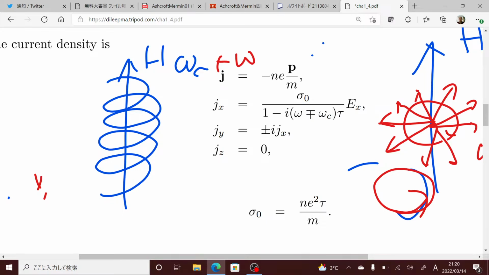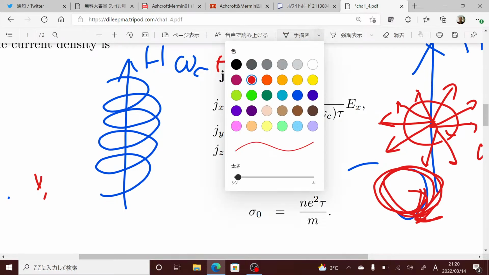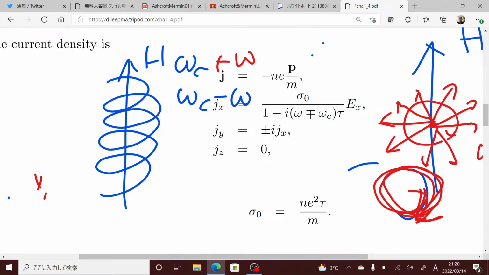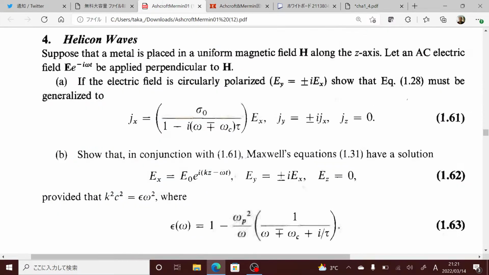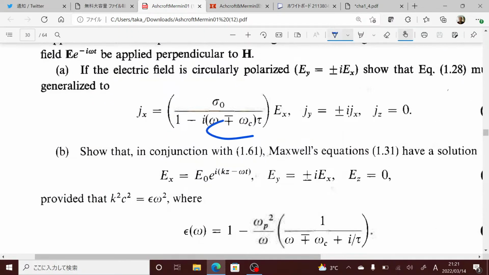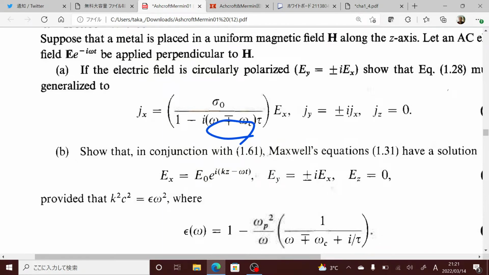But if your circular electric field is circulating in the opposite direction to the helical motion, omega c is actually cancelled by omega. So in this extreme case, you can see the denominator here. This omega tau part becomes either twice or zero.